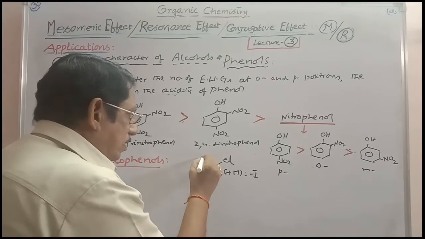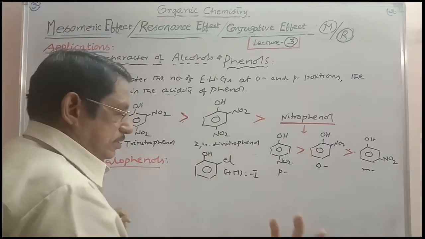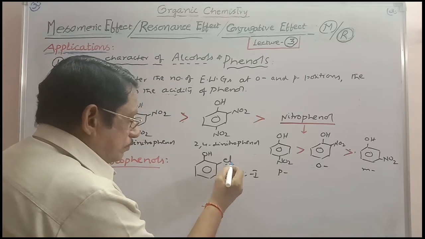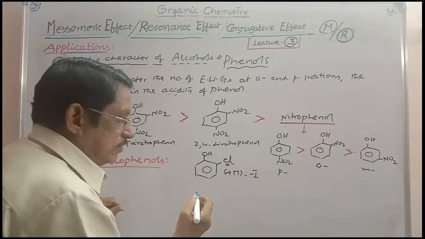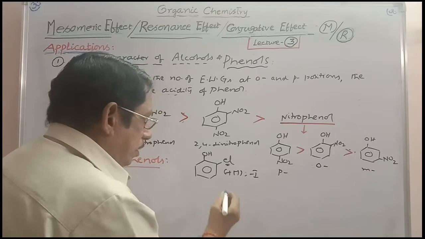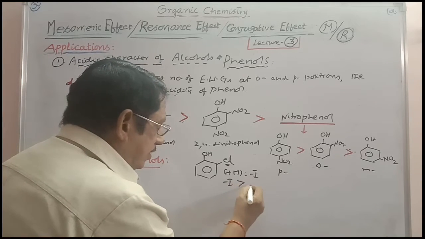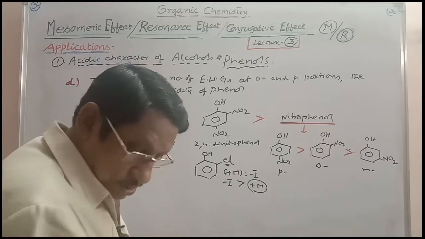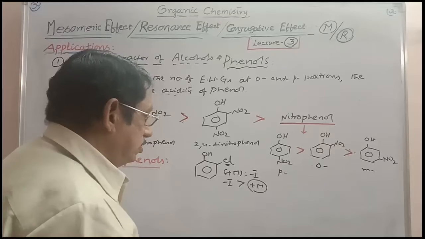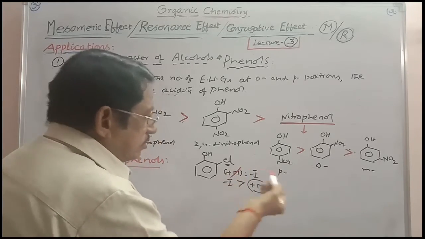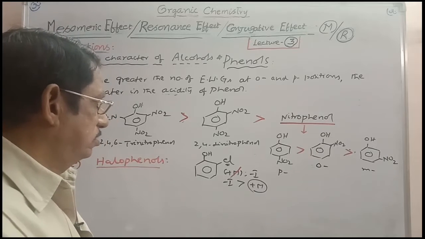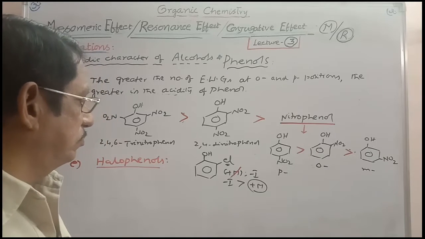If it is a halophenol, you have to take OH here, for example. And in the case of chloro group, a special case, as I previously informed you, minus I effect will be dominating plus M. So, whatever explanation is given will be on the basis of inductive effect. Chloro group has a minus inductive effect. That you have to take into account.